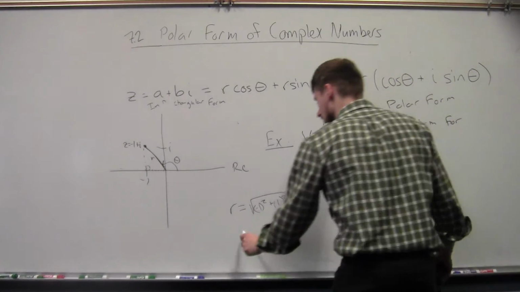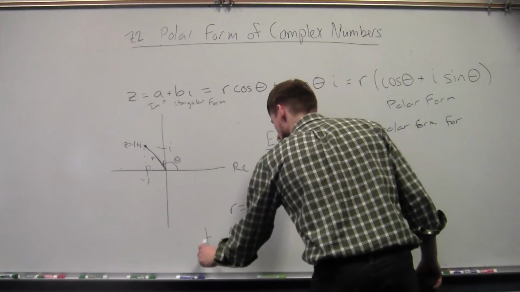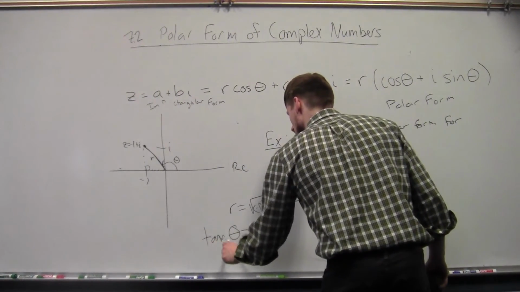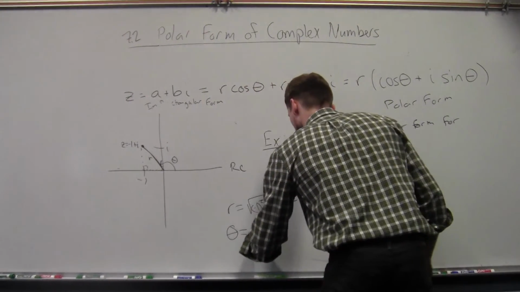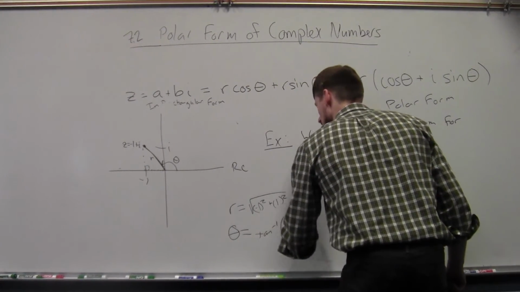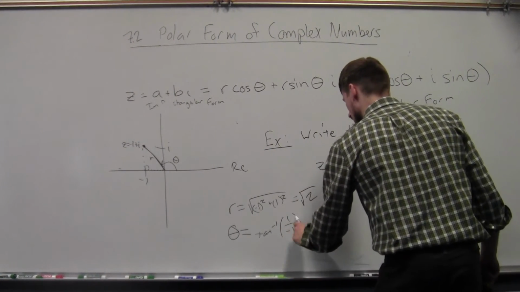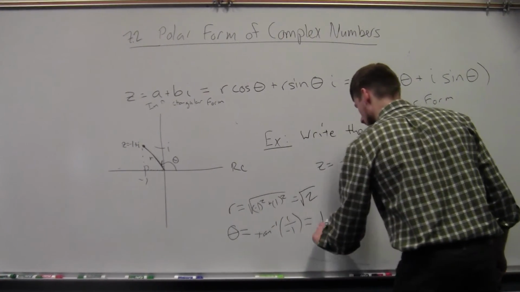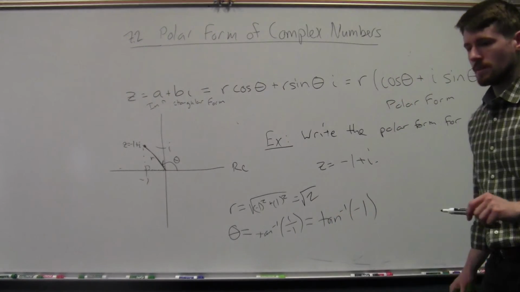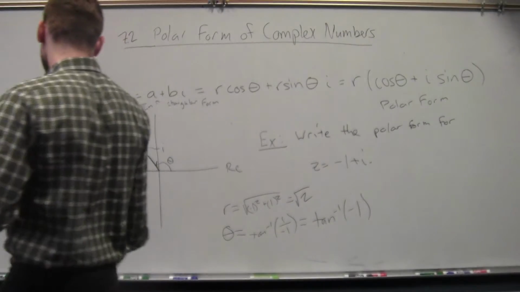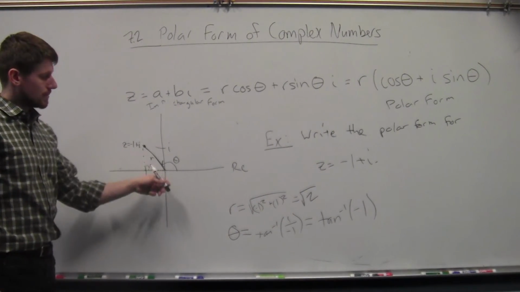And then to find the angle theta, I know that the tangent of theta is equal to, well, I can just do inverse tangent. Tan inverse of, what is this, 1 divided by -1, which is tan inverse of -1. This is one of the inverse tangent quantities I should know, because it's got a slope of -1.